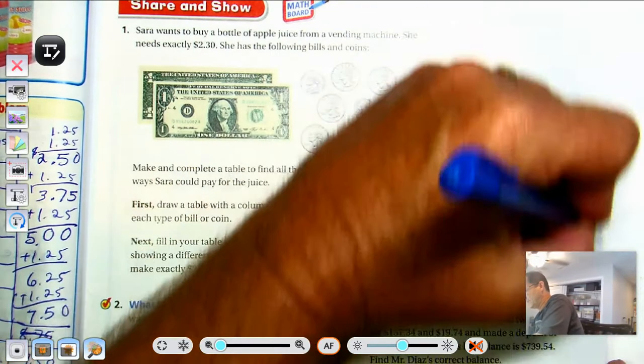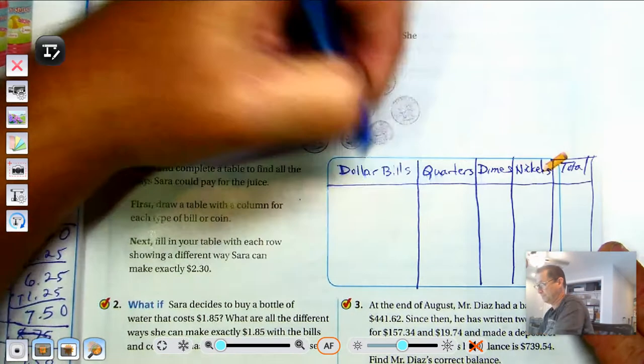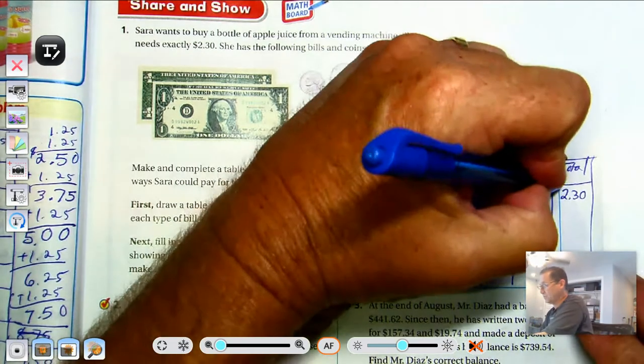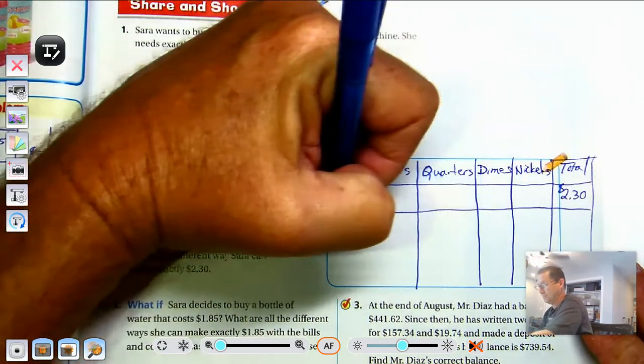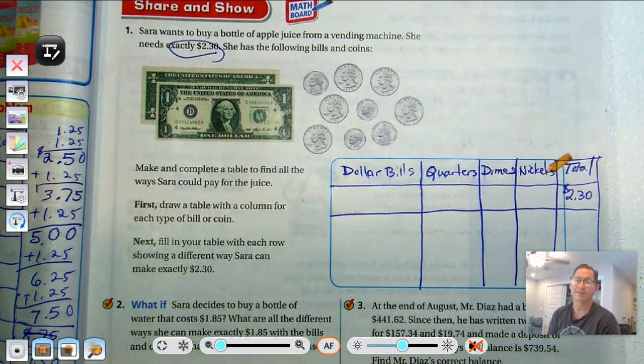Well, the total has to be $2.30. So we know that each time we come up with a method, it has to be $2.30 because it says exactly $2.30.